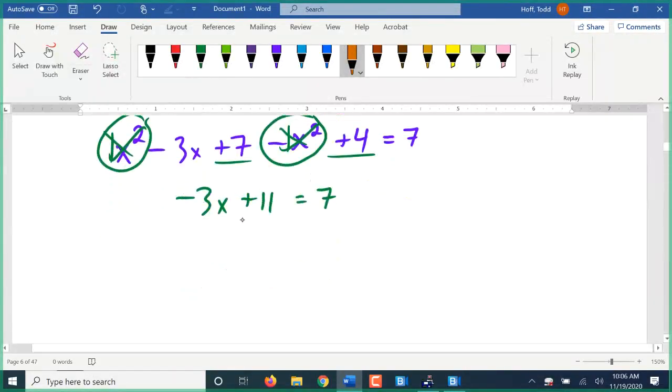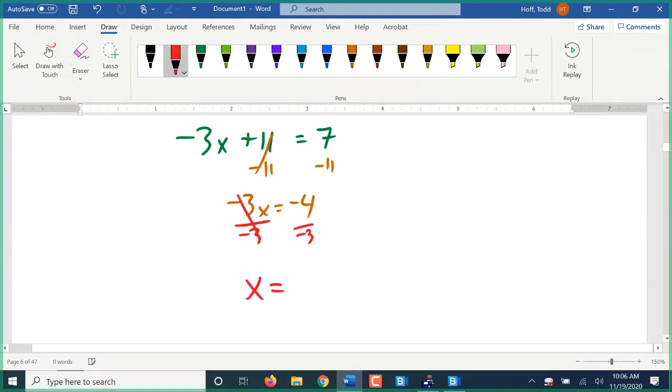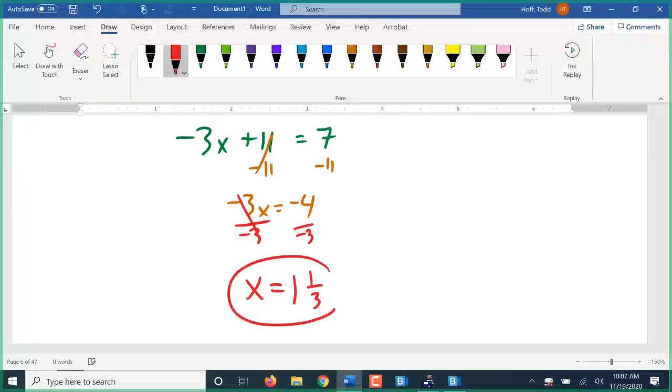So now we're going to subtract 11. Negative 3x equals a negative 4, and then divide by the negative 3. X equals, well, a negative 4 over negative 3. Negative divided by negative is going to be a positive. 4 over 3 is 1 1/3.